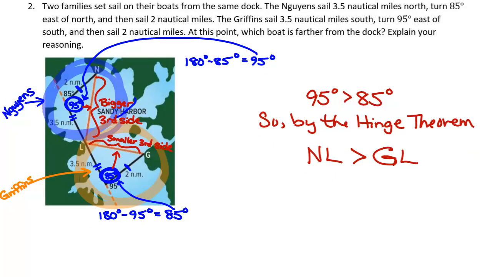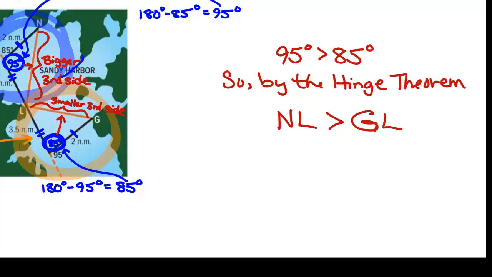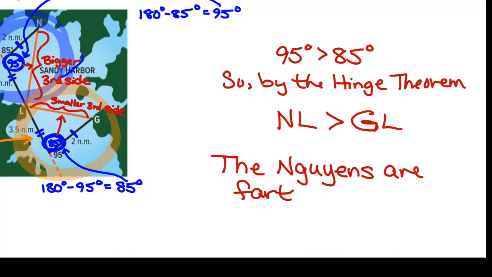So who is farther away from the dock? If the dock is here at L, and N is where the Ngayans are, G is where the Griffins are, who's farther away from this dock? The Ngayans. The Ngayans are farther from the dock.